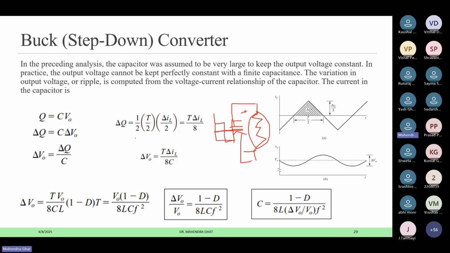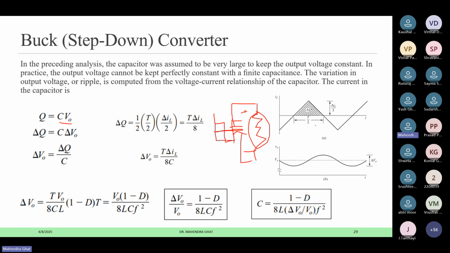So to calculate that, again I have used some basic formulas. That is the charge of the capacitor, which is equal to C into VO. So the change in the charge. As I said, the capacitor current will charge and discharge, and there will be charging of the capacitor or discharging of the capacitor.